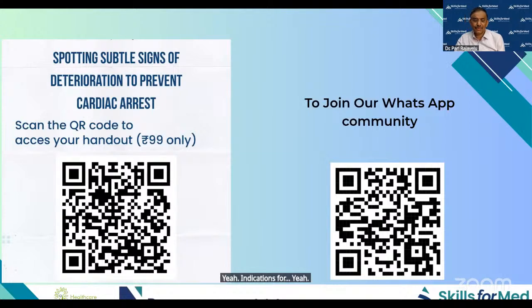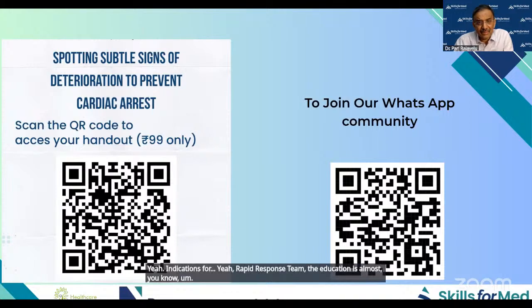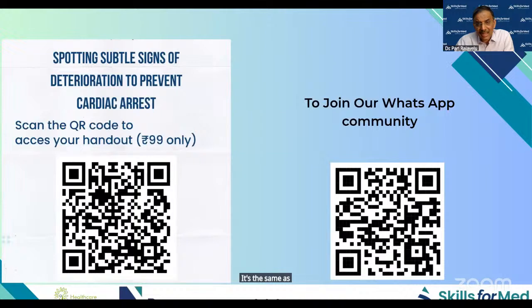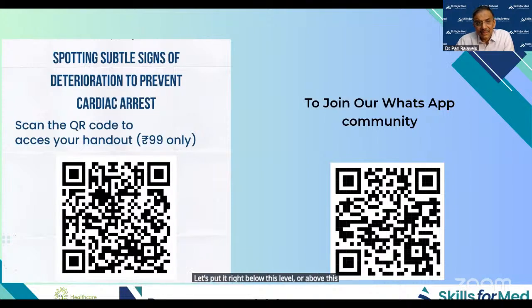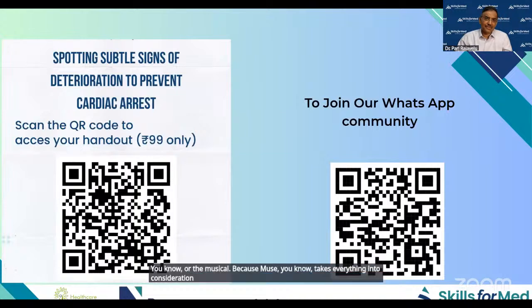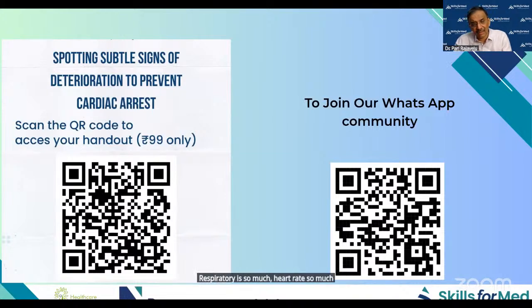Regarding the rapid response team, the indication you can decide based on your hospital policy. It's the same as we pointed out: the SIRS signs. You could talk about vital signs, respiratory rate below or above a certain level, or the MEWS score. MEWS takes everything into consideration instead of specifying respiratory rate so much, heart rate so much, level of consciousness so much.